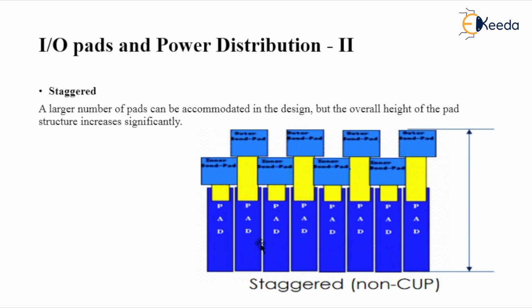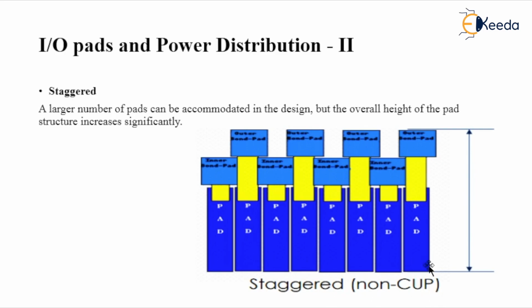So staggering means we distribute the pads into input and output levels: 1, 3, 5 and 7 are inner bond pads, and 2, 4, 6 and 8 are outer bond pads. And this is non-CUP, where CUP means circuit under pad.